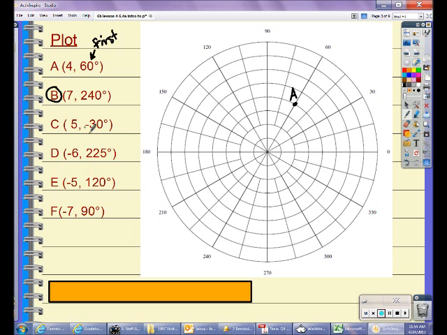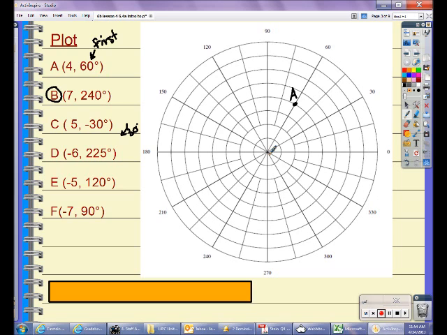Point C is a little bit different because we've got this negative angle. Negative angle means we're going to be rotating clockwise. So, find your rotation line first. Here's my polar axis. 30 degrees in the negative direction gets me to this 330 degree area.